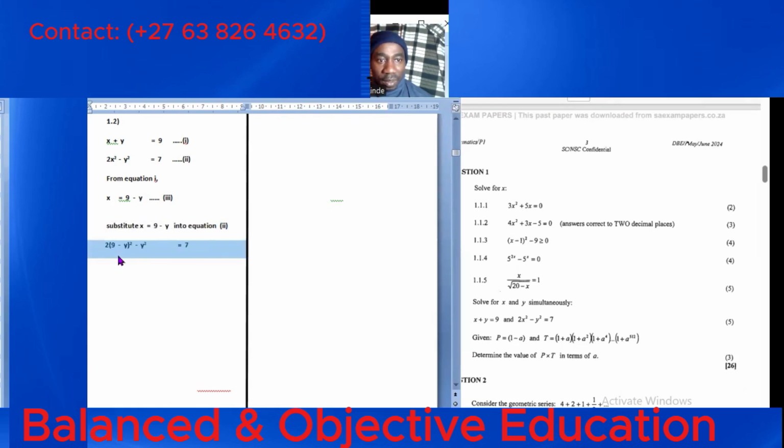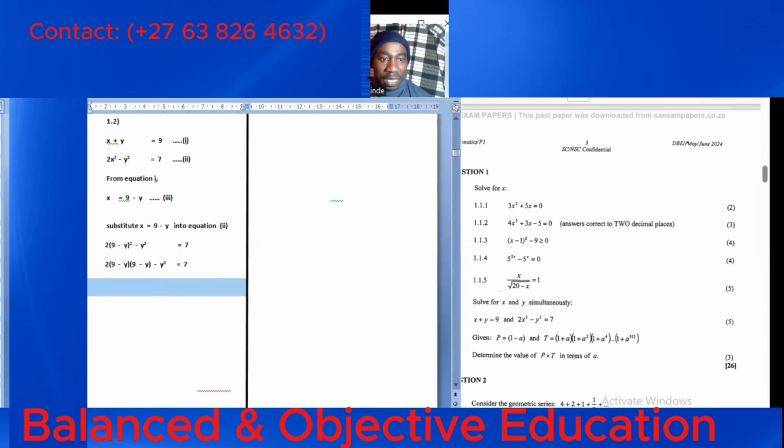So if we do that, we have 2 into x. So instead of writing this x, you write the value of x here, which is 9 minus y. Remember to square it, then minus y squared, and everything will be equal to 7. Then you will have to simplify this. 9 minus y squared is the same as 9 minus y multiplied by 9 minus y.